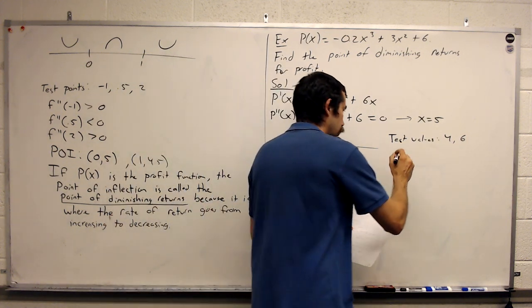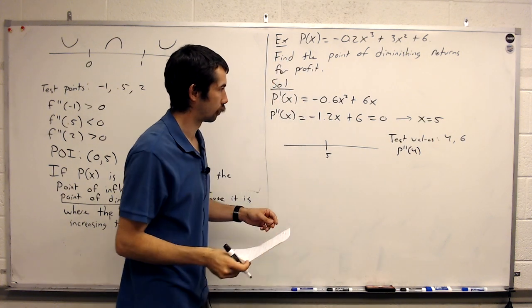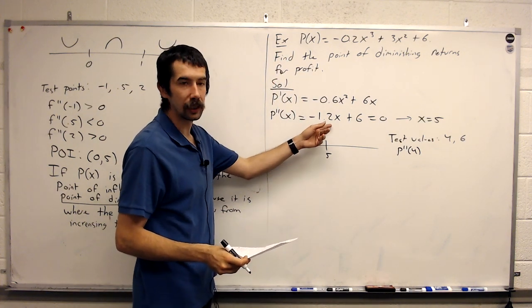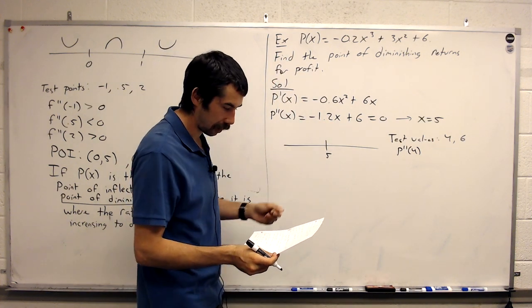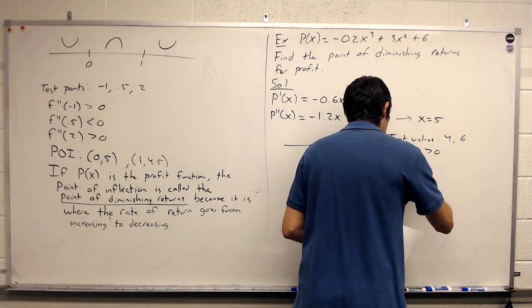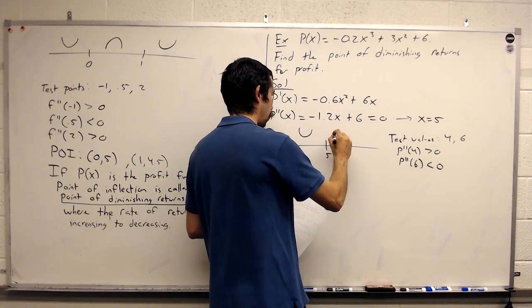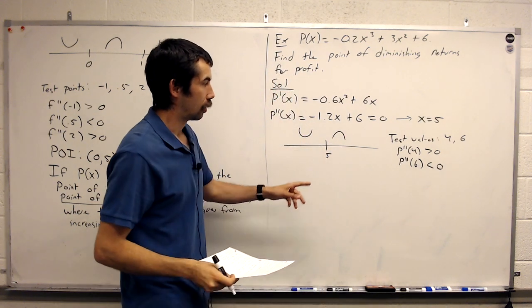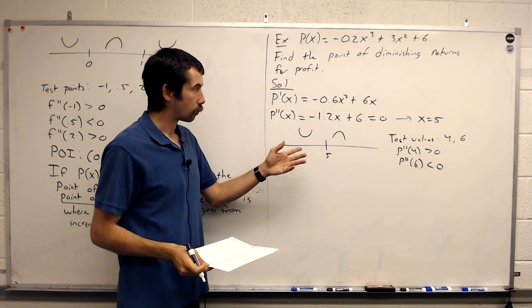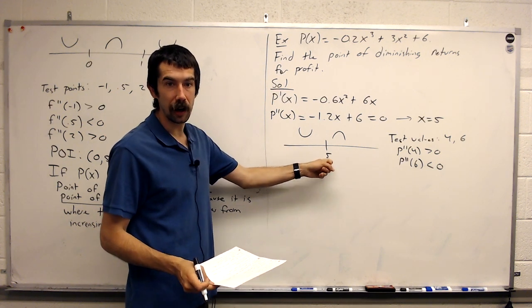P double prime of 4: if we sub in 4, we get a positive value. And P double prime of 6 is negative. So we go from concave up to concave down. So the point of diminishing returns has an x value of 5.